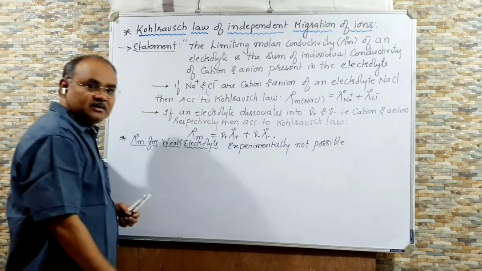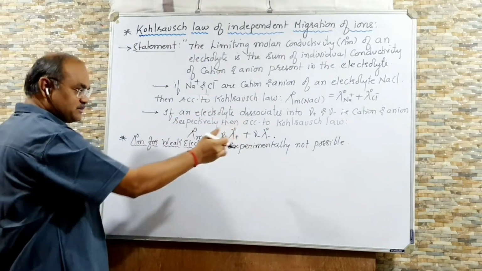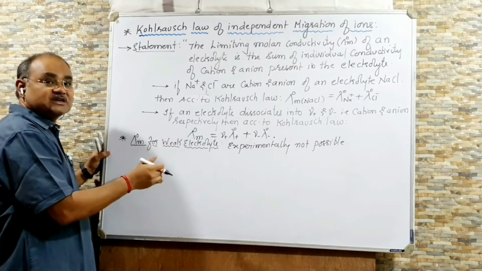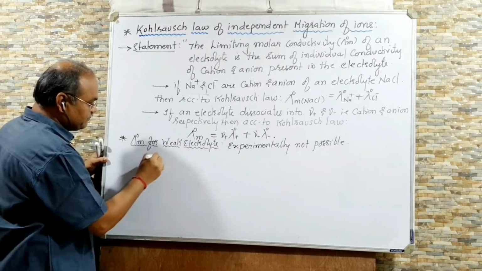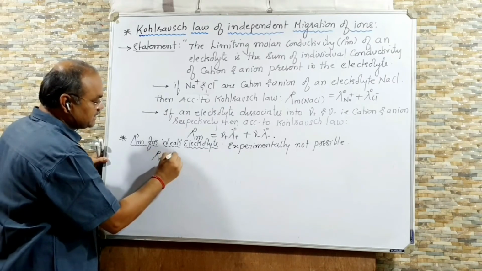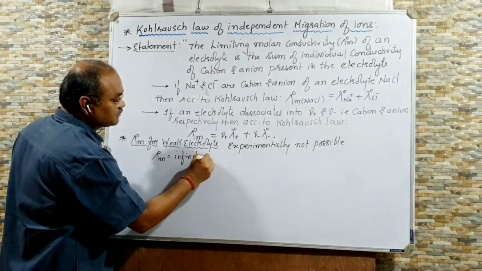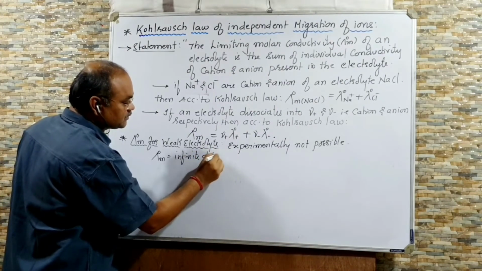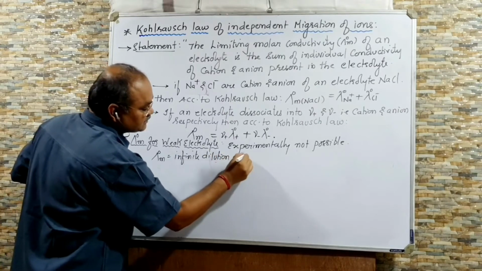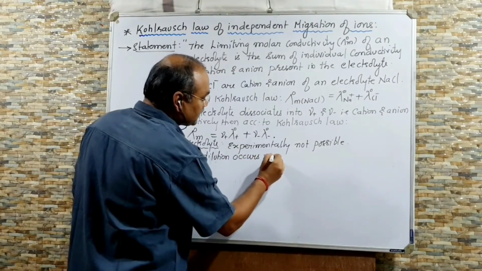But if you go on diluting the solution, the concentration becomes zero, and zero concentration means infinite dilution. And when lambda 0 m, that is infinite dilution, occurs, then what will happen?